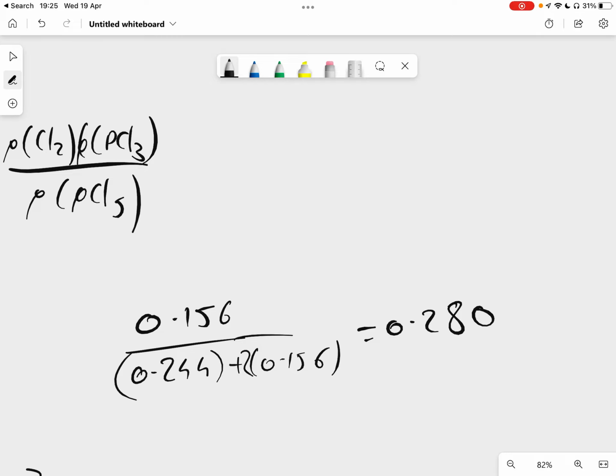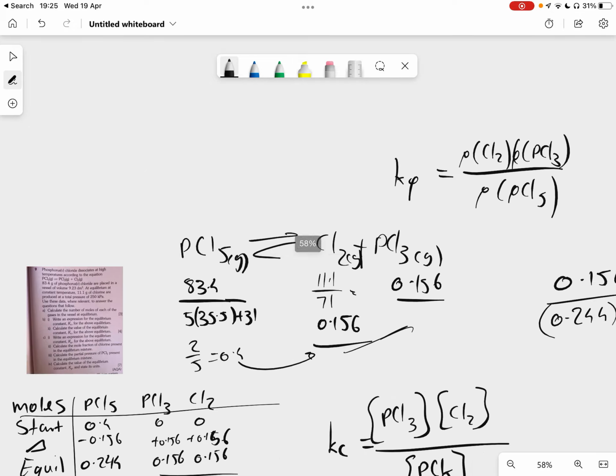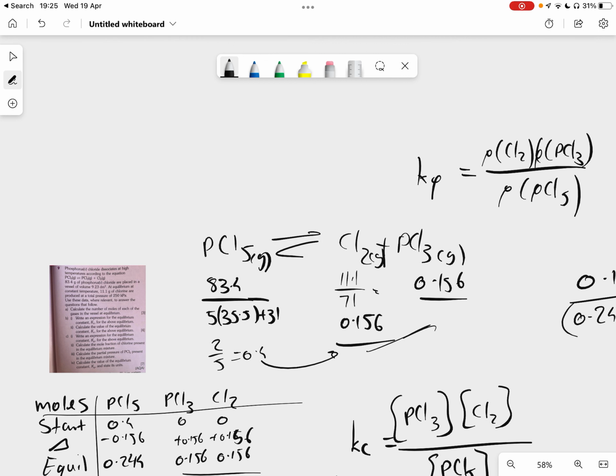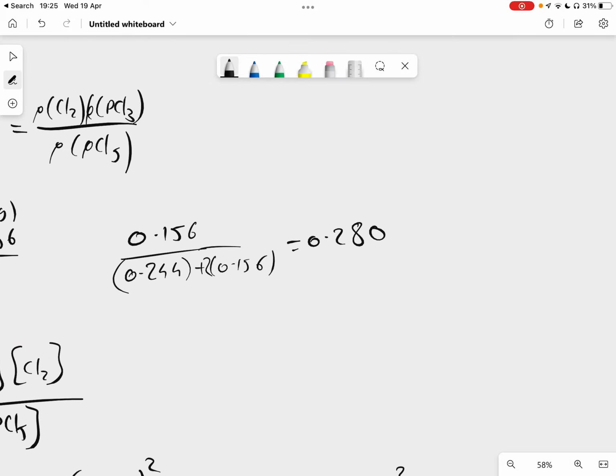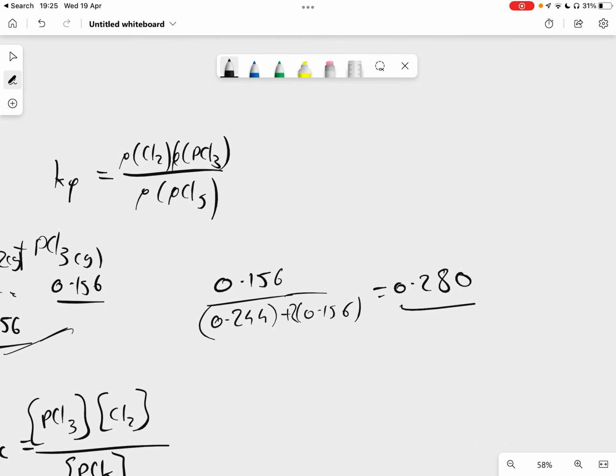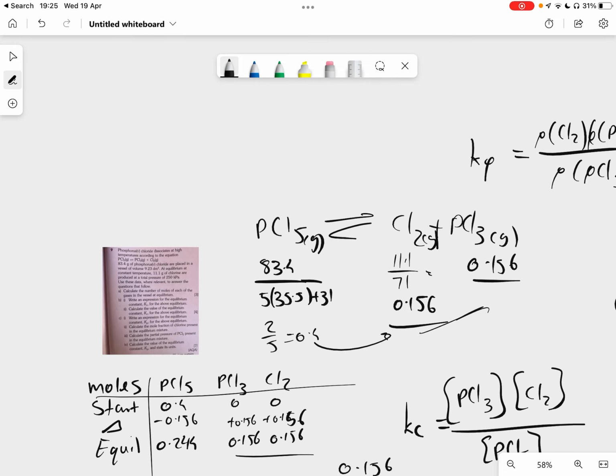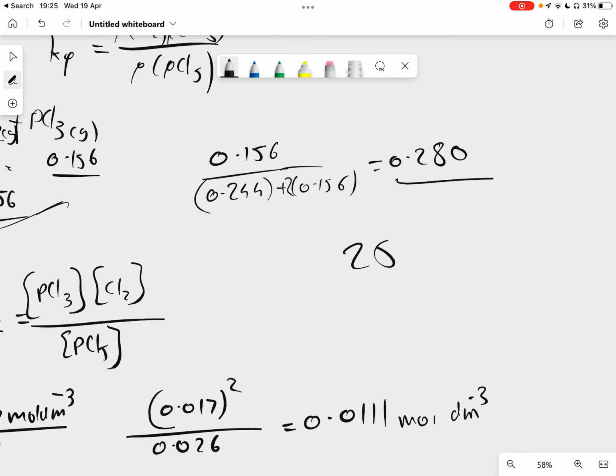So now what's it going to ask for now? So that's the mole fraction of Cl2. Now it's asking for the partial pressure of PCl5. The partial pressure is where we calculate the mole fraction first and then multiply it by our total pressure. We're told our total pressure is 250.